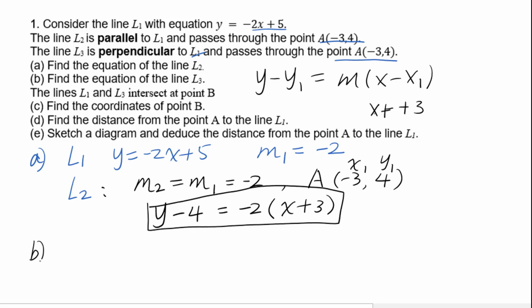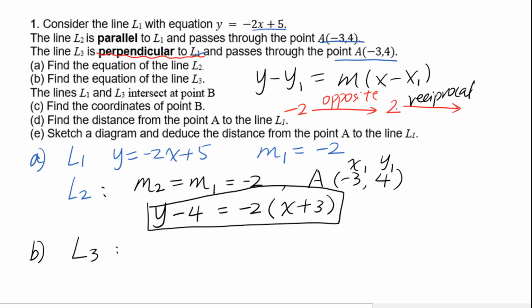For B, find the equation of the line L3. Since L3 is perpendicular to L1, you have to make this negative 2. We take the opposite of negative 2, get 2.